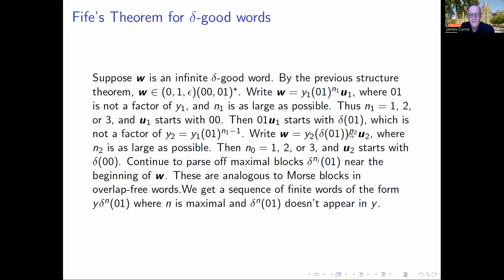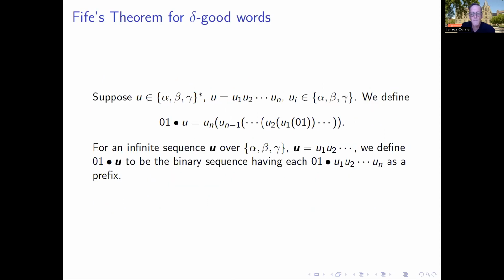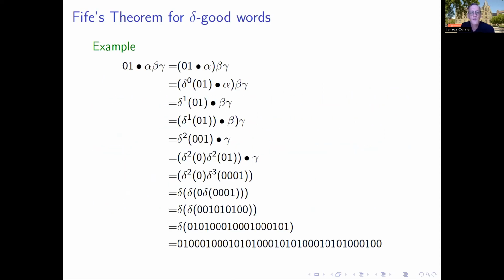So any infinite delta good word is created using a sequence of alphas, betas, and gammas. The remaining question is, if I have an infinite sequence of alphas and betas and gammas, does it create a delta good word?